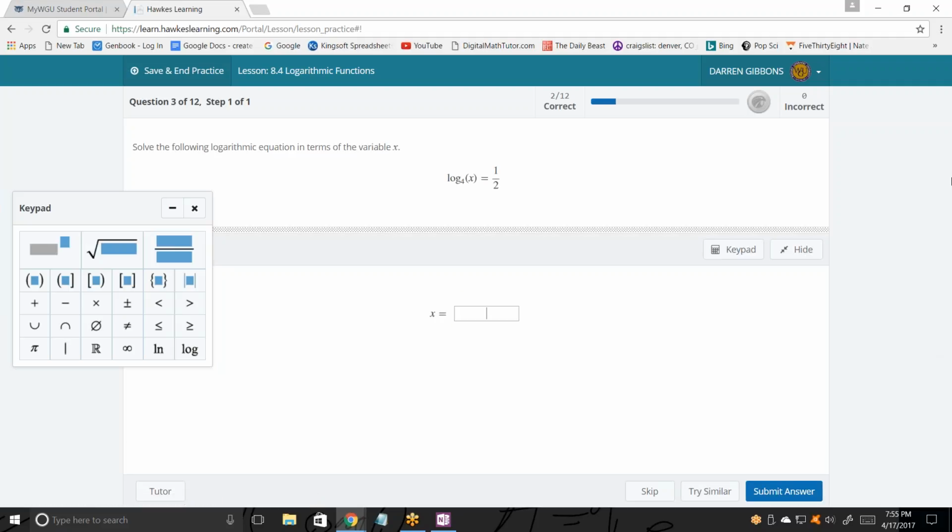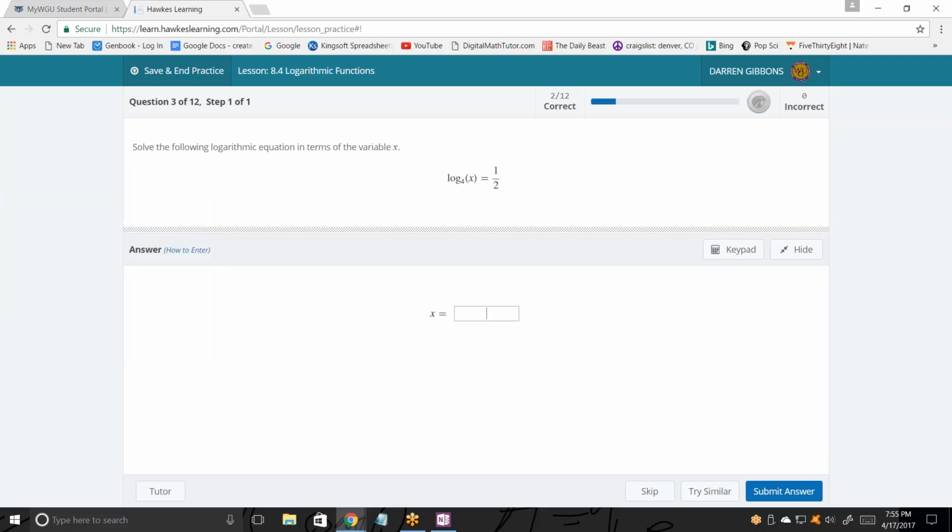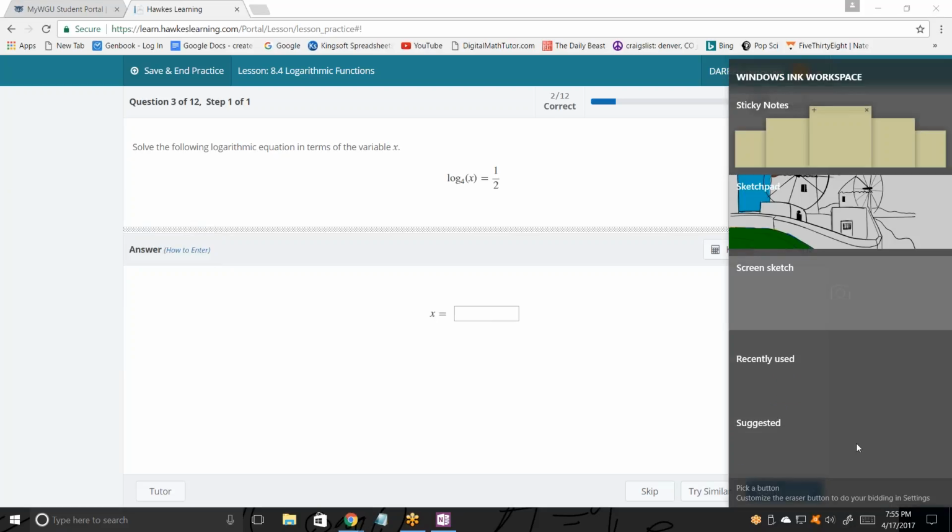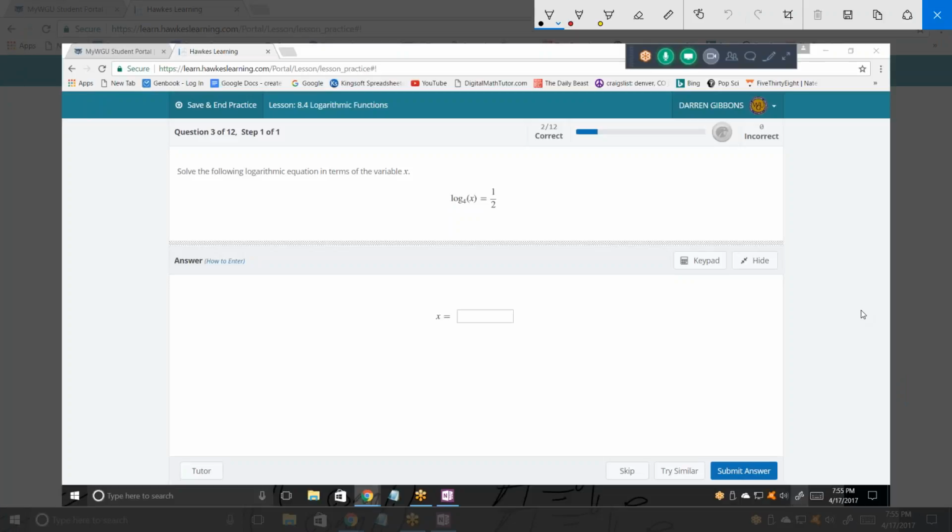Okay. These are all pretty straightforward once you get the pattern down. So what's the exponential equation for this? So 4 raised to the 1/2 equals x. What's that equal to? You don't really need a calculator for that.